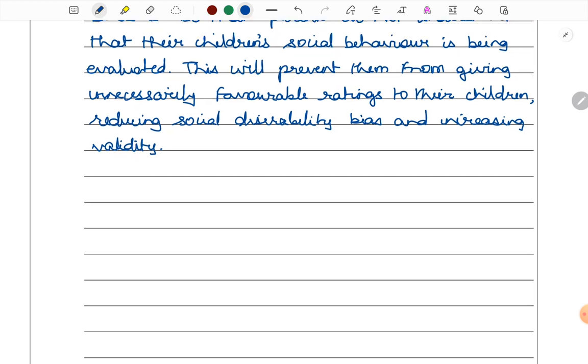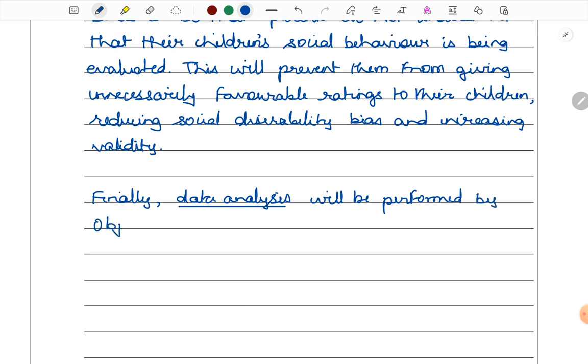Finally, data analysis will be performed by objectively comparing the mean scores obtained by the two groups.